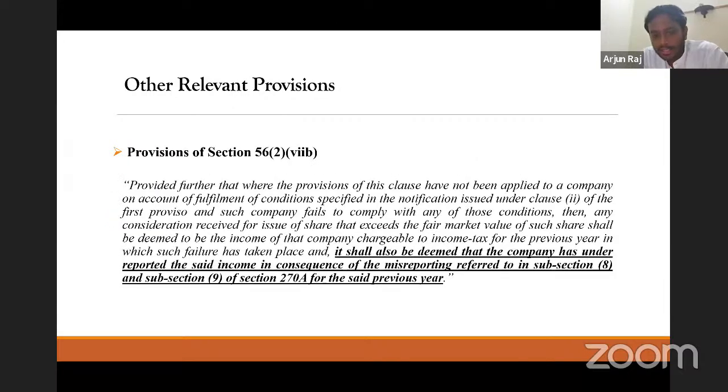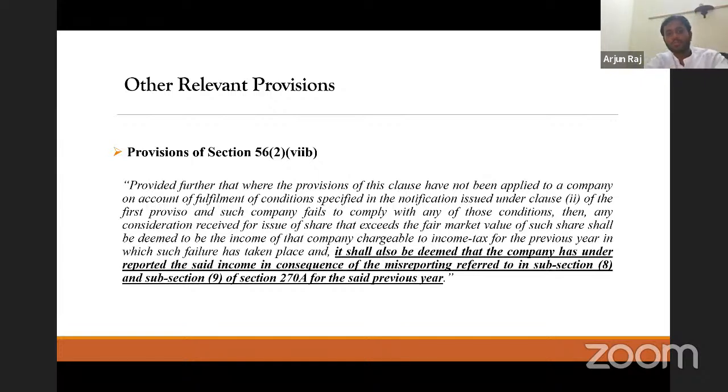This is one interesting provision which I could lay my hands on, wherein I noticed that in 56(2)(viib), there was a specific exception given for venture capitals. And also another specific limb introduced for notification issued by the central government to exempt certain people, wherein various conditions are being prescribed.